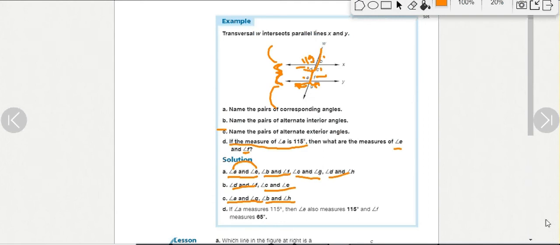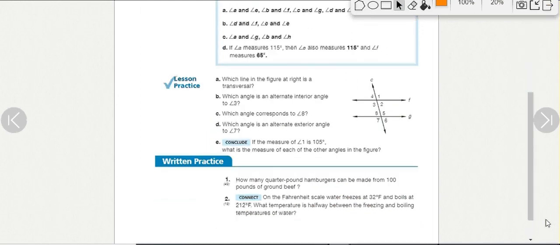So E is going to also be 115, and E is supplementary to F, so we take 180 minus E to find F. That answer is 65 degrees. You can do A through E.